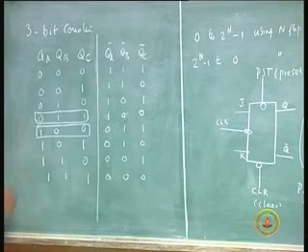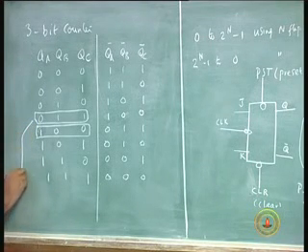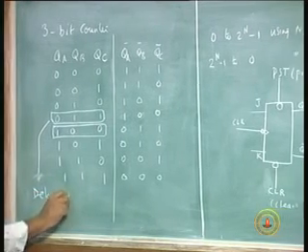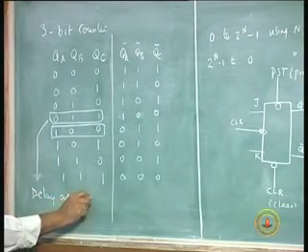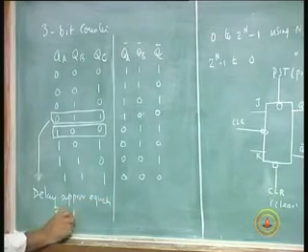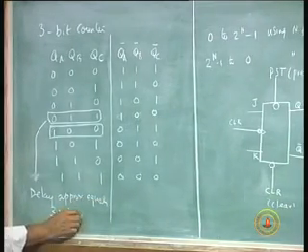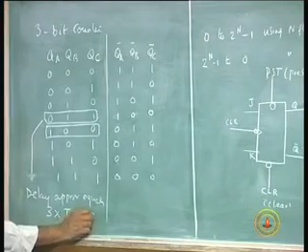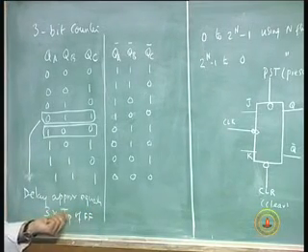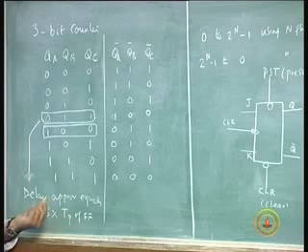Approximately equal to 3 into the propagation delay of a flip-flop. We call T subscript P the propagation delay of a flip-flop. I want 3 propagation delays approximately.